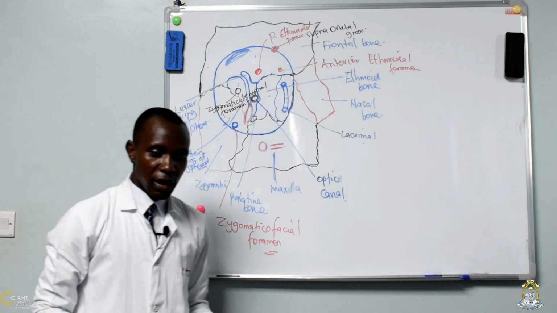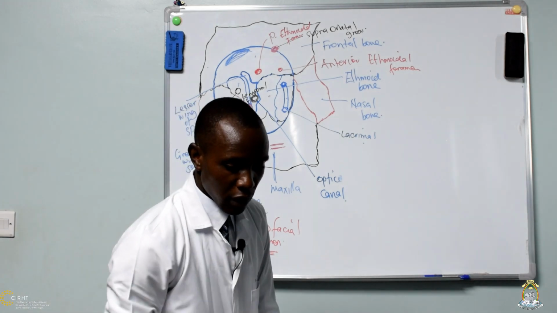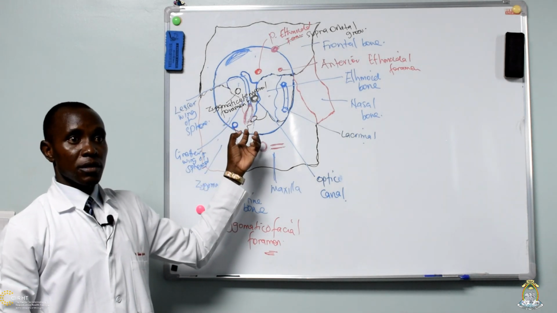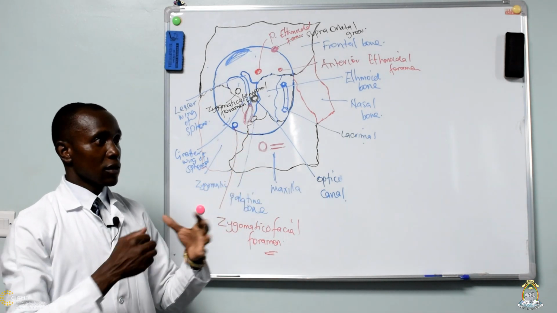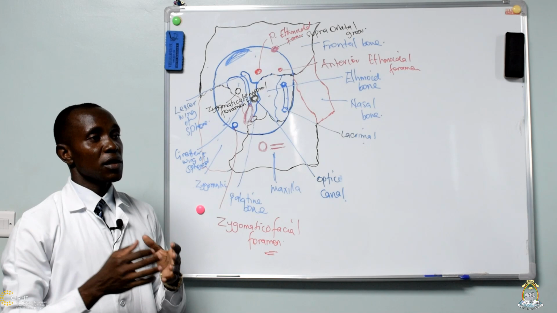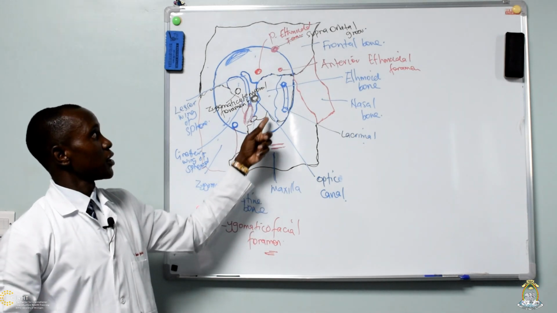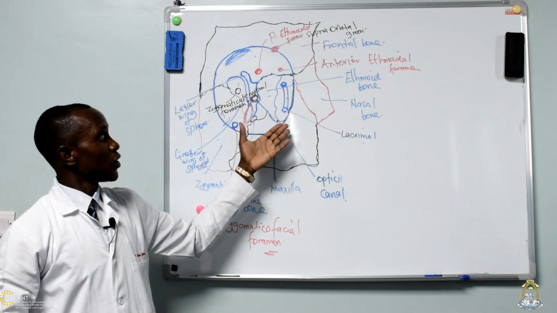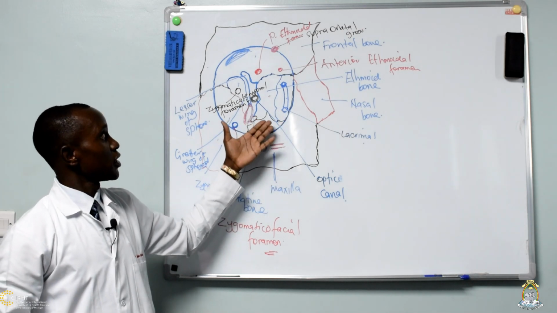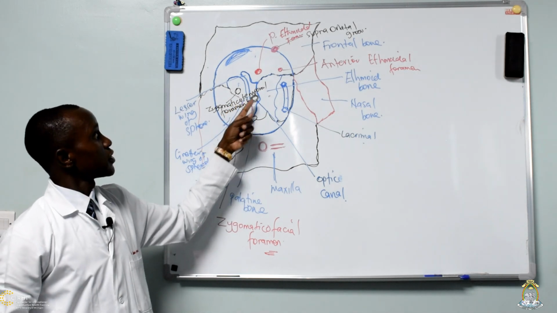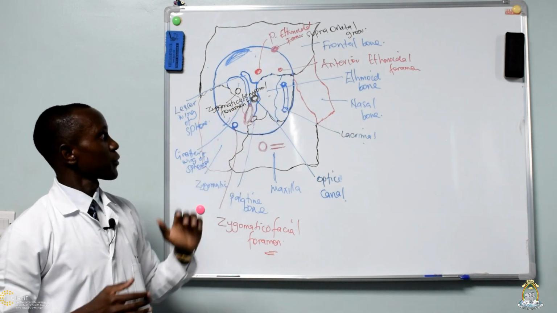And clinically, in case of a hematoma or any swelling within the bony orbit, these structures can be compressed and can impair the functioning of the structures that those passing through the foramina supply. And also in case of fractures within the bony orbit, there can be injury not only to the eye, but also to these structures that exit, okay?